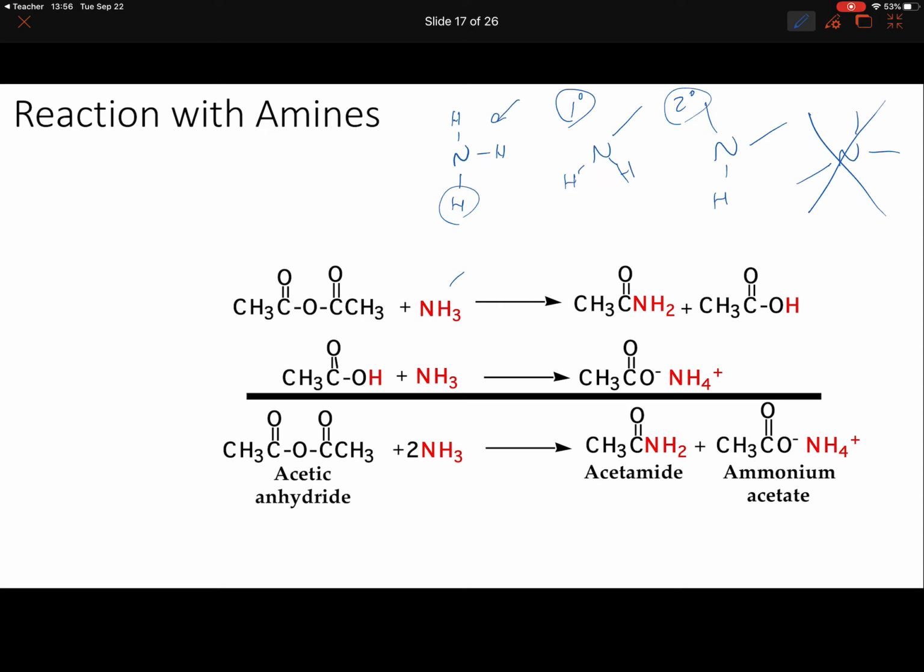If we react 2 moles of amine, actually, you have to react 2 moles of amine. One of those moles of amine is required to first react with the anhydride, to form the amide, and to form that other carboxylic acid.